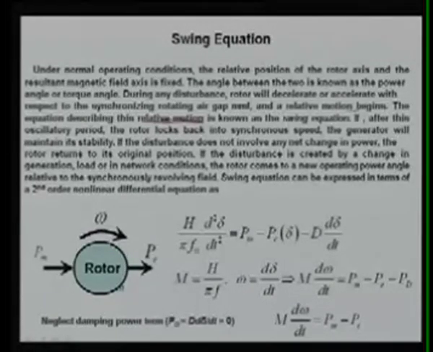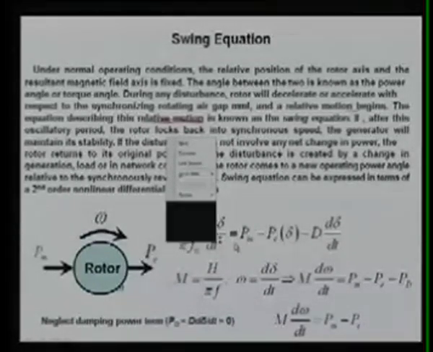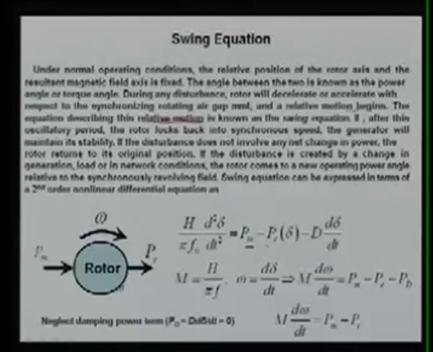The swing equation can be expressed in terms of a second order nonlinear differential equation as H over pi f naught times the second derivative of delta with respect to time, equal to Pm minus P of delta, which is a function of delta, minus the damping constant times d delta upon dt.